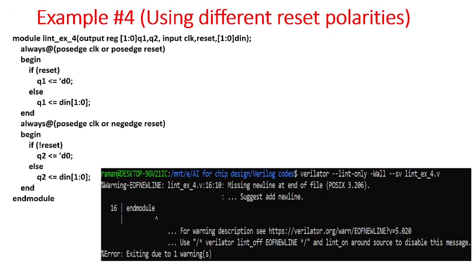Example 4, using different reset polarities. Now you see the reset. First reset is posedge reset. Second reset is negedge reset. Both are asynchronous resets. Active low and active high. So different reset polarities. Okay.